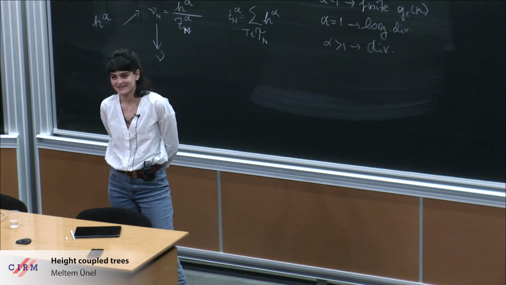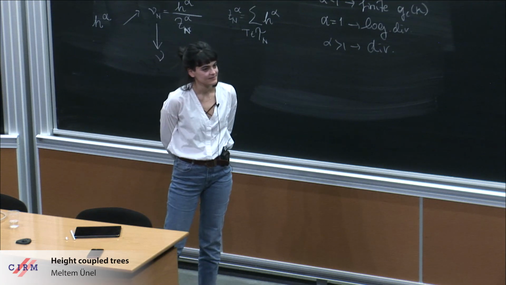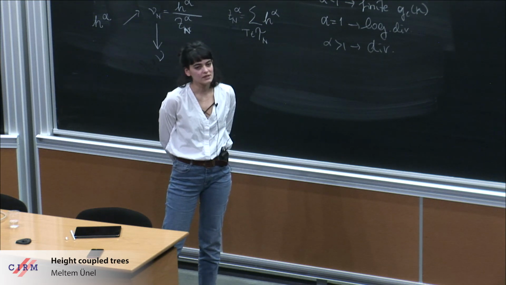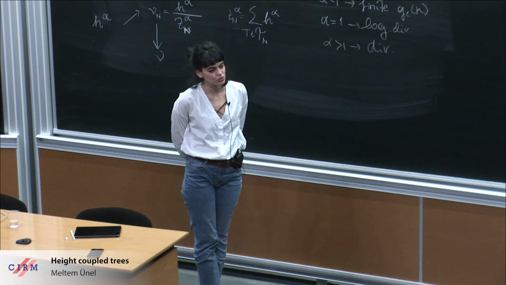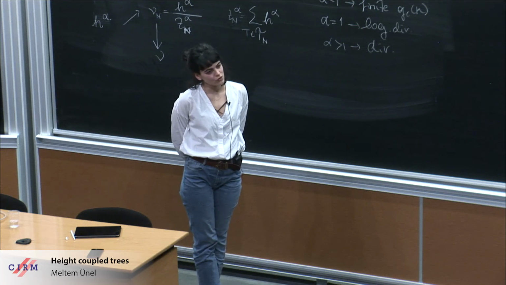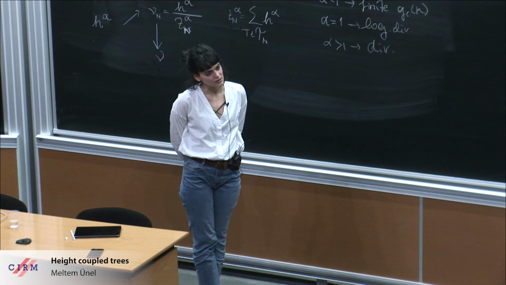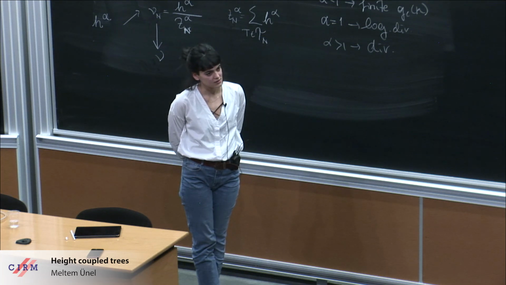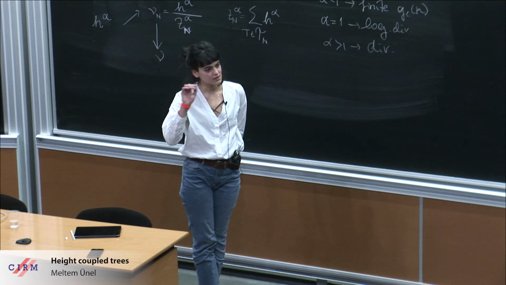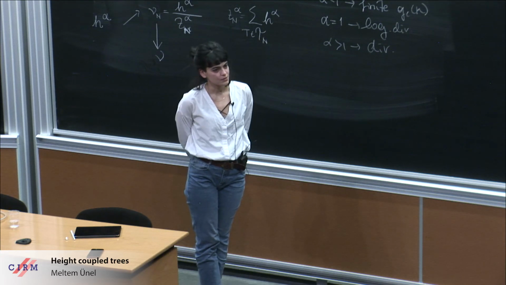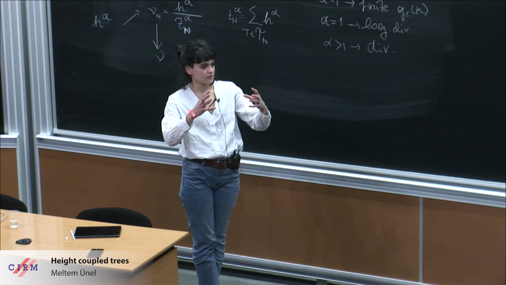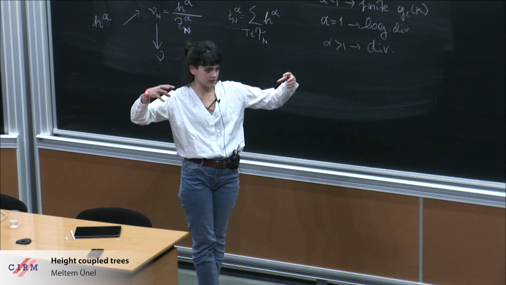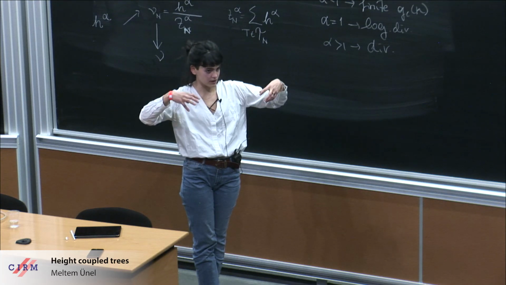And have you tried the stable case as well, where the offspring distribution has a heavy tail? No, but what do you mean? In this case, we don't analyze it in terms of offspring distribution, because it's not really possible to write it as a product over offspring distributions. But maybe you mean for the independently distributed trees that are connected on the backbone.